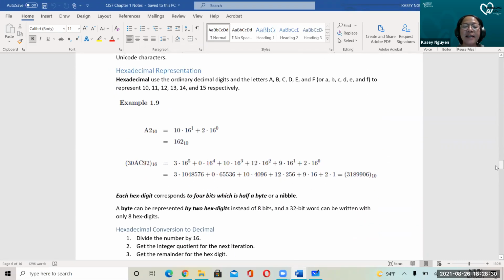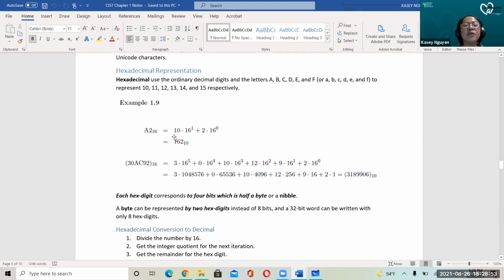So when we look at this example, this is A2 in base 16. Just like binary, the least significant digit is on the rightmost side, which is the 2. Okay. There are several ways that you can convert hexadecimal.